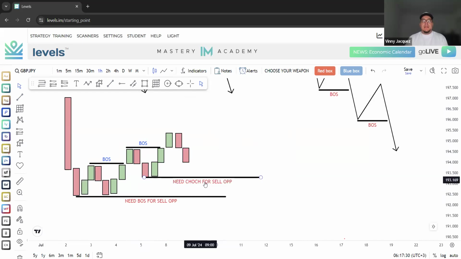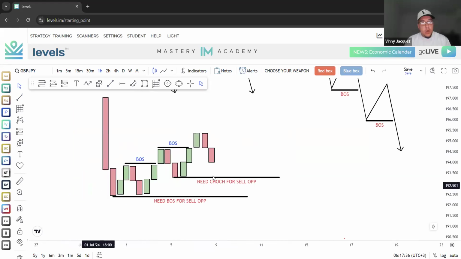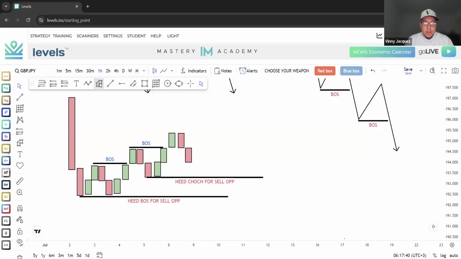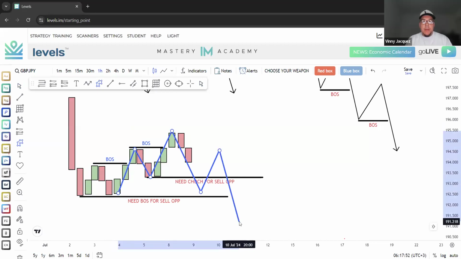Now, keep in mind, guys, the change of character and the low are two completely different things, right? The change of character is for the structure: higher high, higher low, higher high. We want to break structure so we can get a change of character so we can go ahead and sell it down, right?